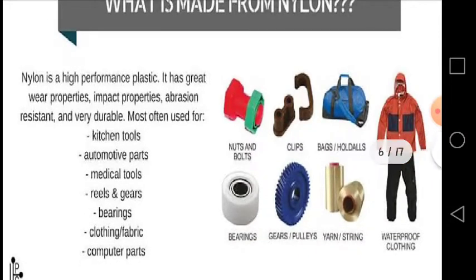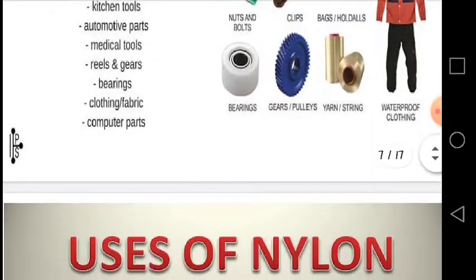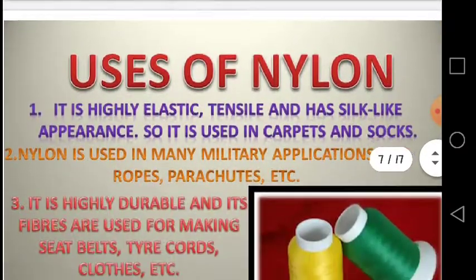It is used as kitchen tools, automotive parts, medical tools, reels and gears, bearings, clothing and fabrics, computer parts. So you can understand, dear students, the importance of this nylon. Furthermore, some more uses.